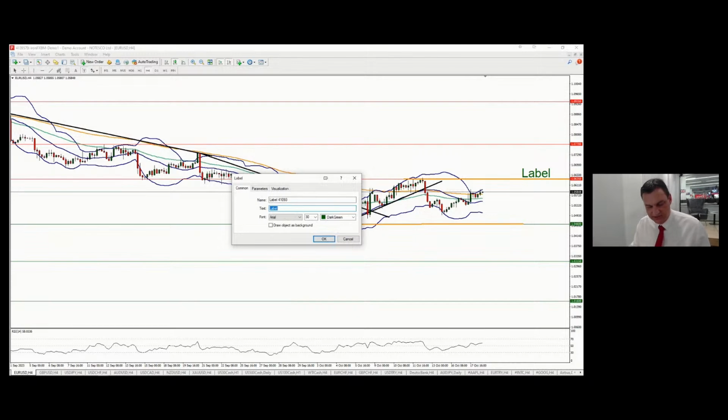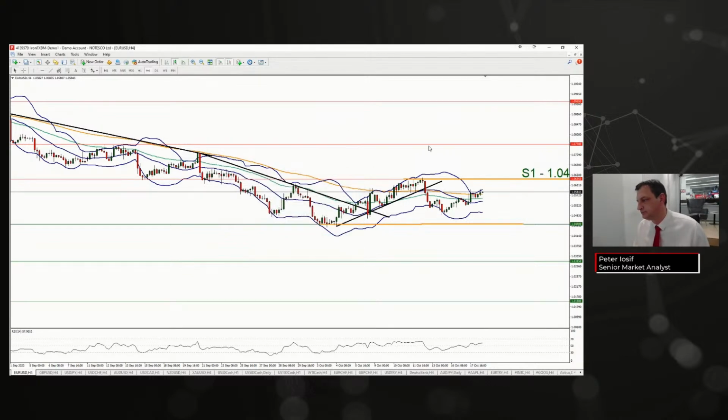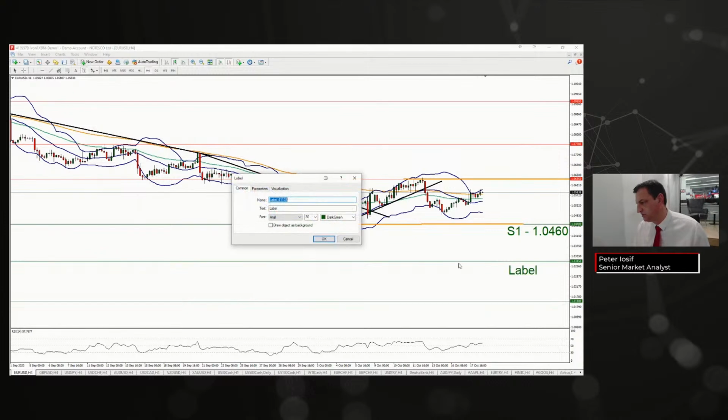Starting with the support lines in green, S1 being at 1.0460. Second support line at 1.0315.